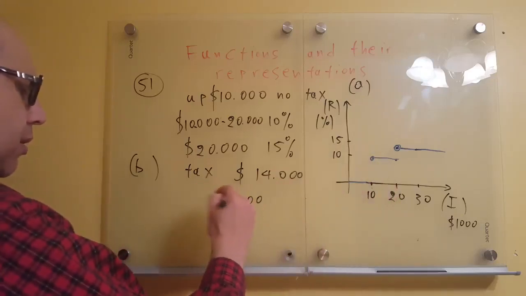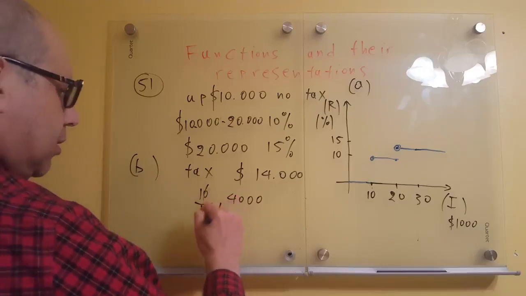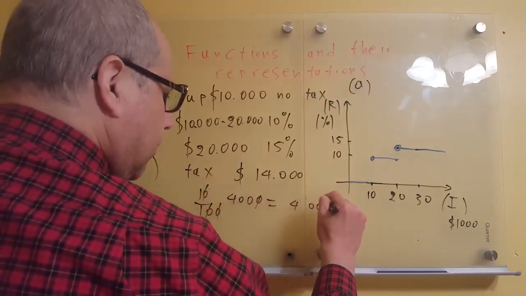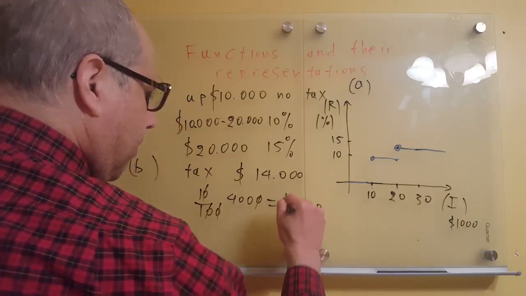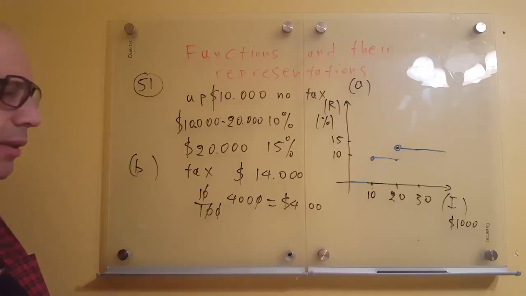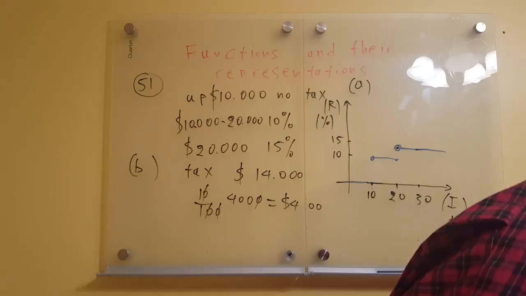The 10% cancels with the zeros, so it's $400. So for an income of $14,000, the person has to pay $400 tax.